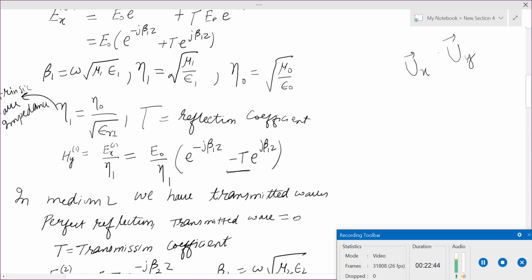To get the direction of the wave, you take the cross product E cross H, because the direction of electromagnetic waves is along it. Ux cross Uy is Uz. Now because of reflection, the direction is minus Uz.